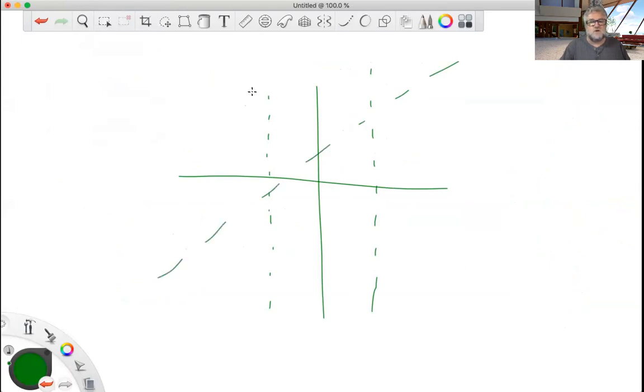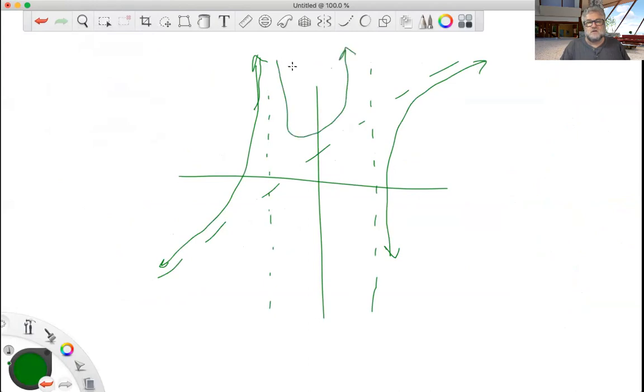So you could have a function that approaches this line and approaches here, and maybe goes like this, and then does something funny in the center. I've seen functions like this before. Really hard to figure out. So the end behavior here is the curve approaches some line.